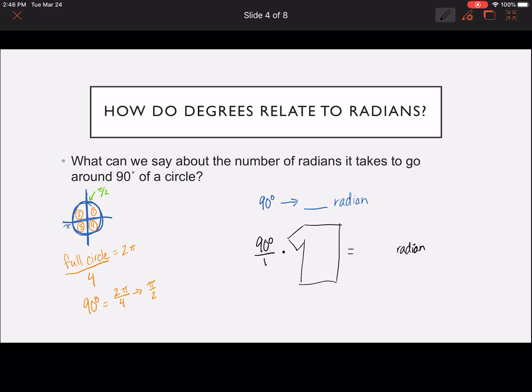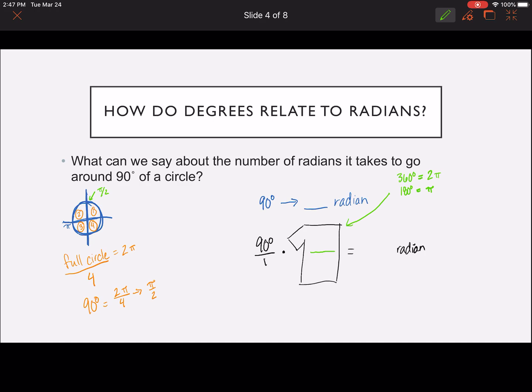The conversions that we know, there's 2 of them that could be possibilities to go here. We know that the full circle, that full 360 degrees, is equal to 2 pi. And we also know that the half circle, 180, is equal to pi. Either one of those 2 ratios can be helpful to us to be this big gigantic 1.